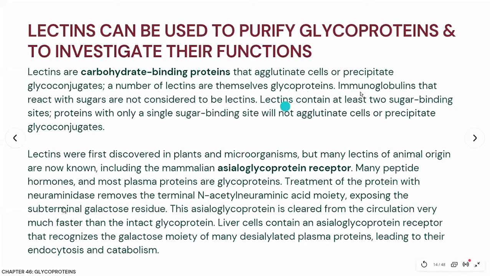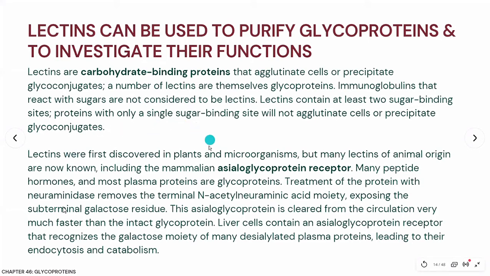Now, immunoglobulins that react with sugar are not considered to be lectins. Lectins contain at least 2 sugar binding sites. Proteins with only a single sugar binding site cannot agglutinate cells or precipitate glycoconjugates.